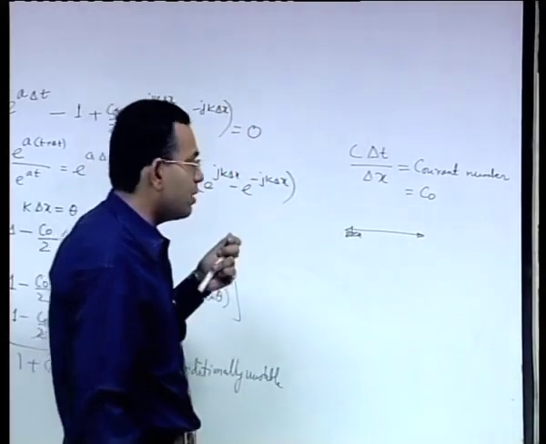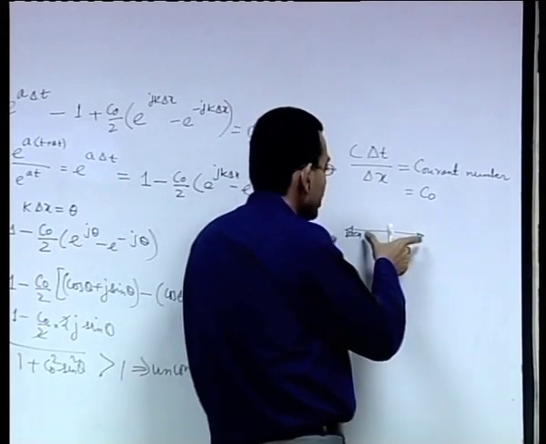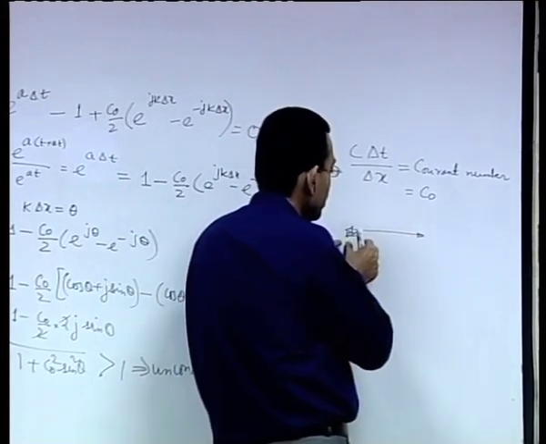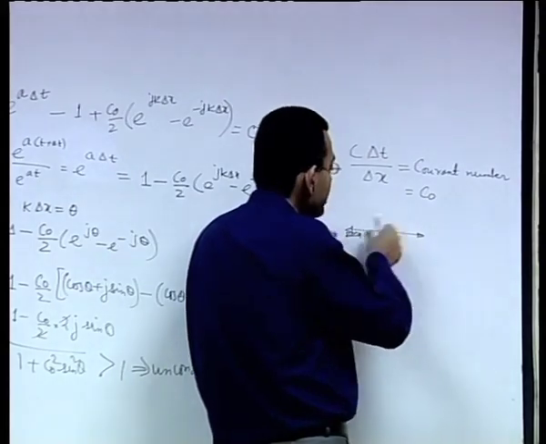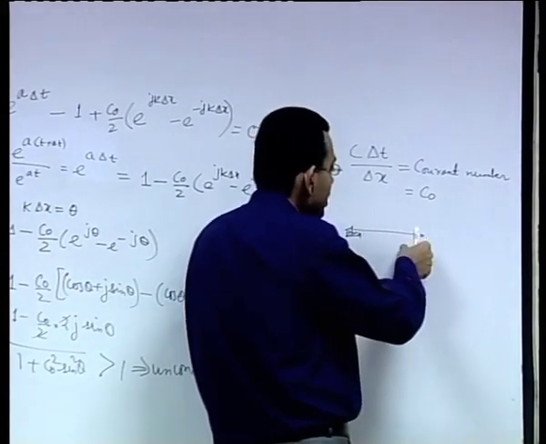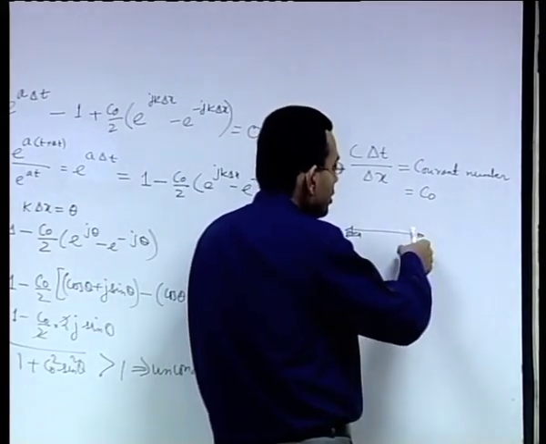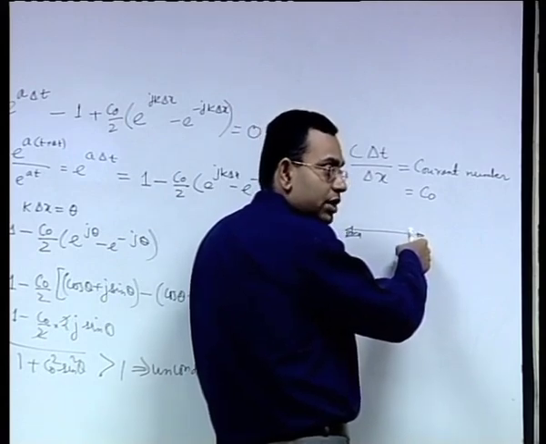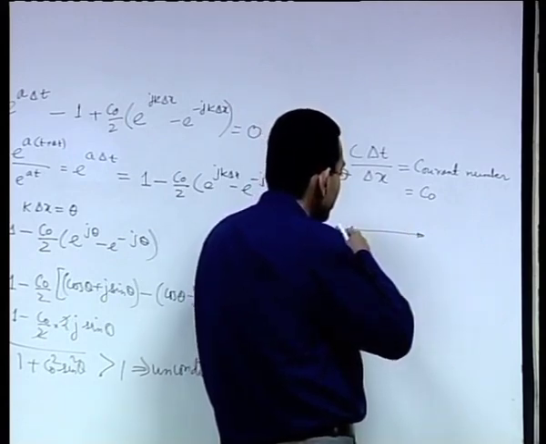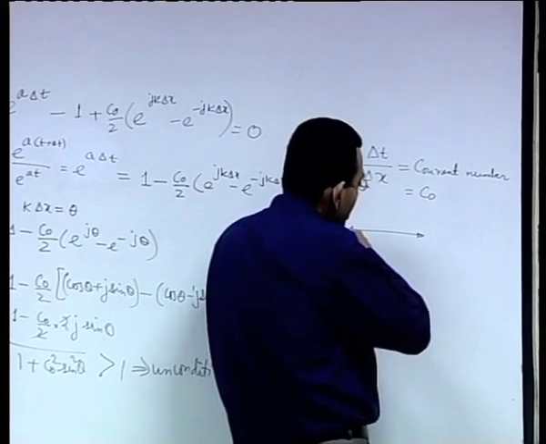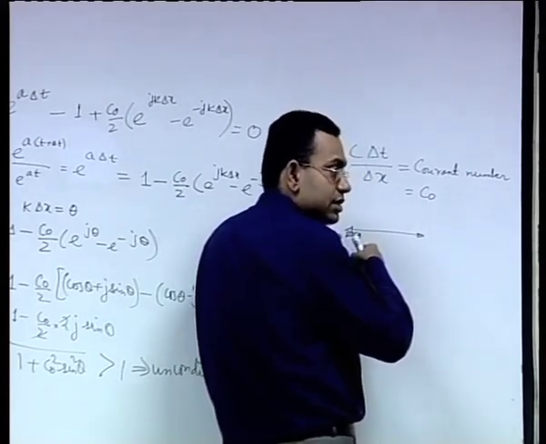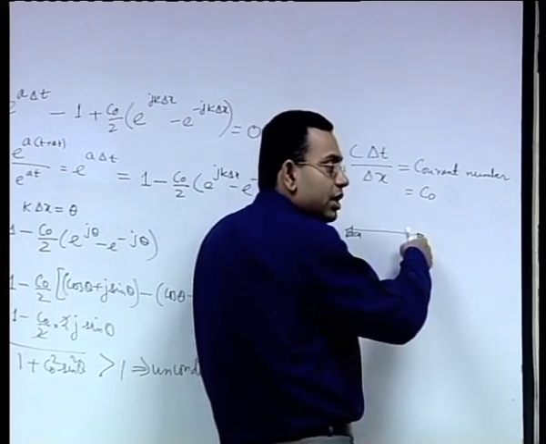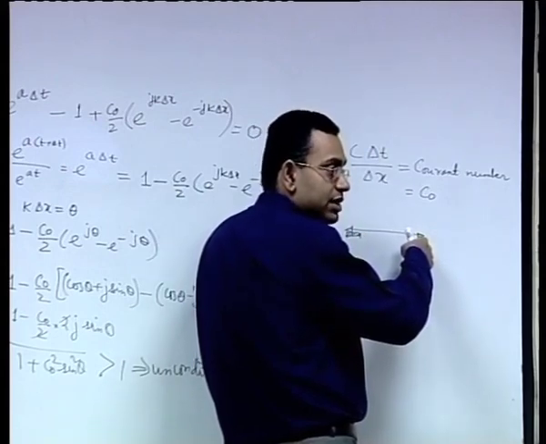So over a time interval of delta t, your disturbance will be crossing many grid distances. There may be many such grid distances that it will be covering in one particular shot. So in one particular shot your disturbance is travelling many grid distances. So if it is travelling many grid distances, then what is happening?